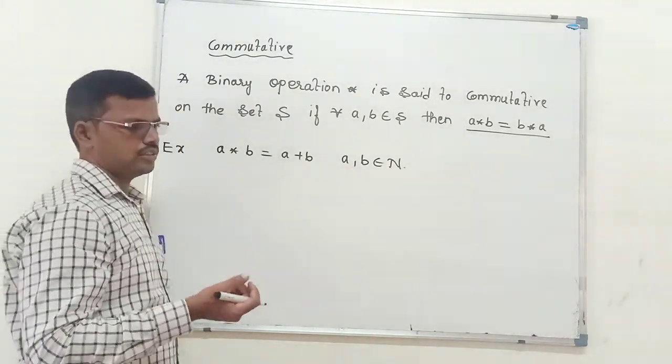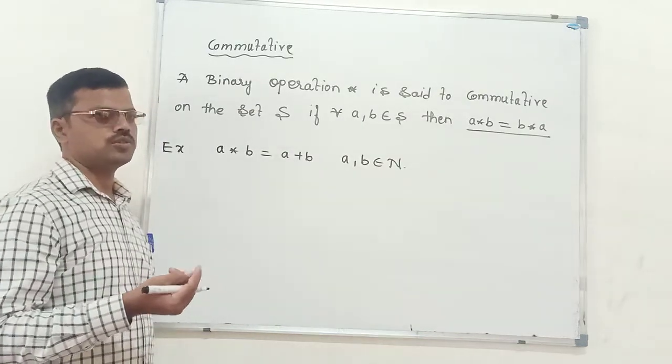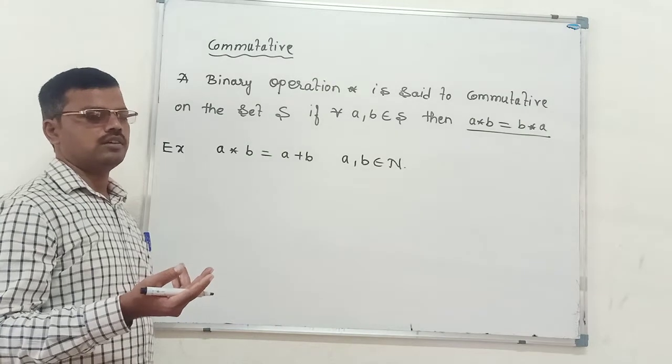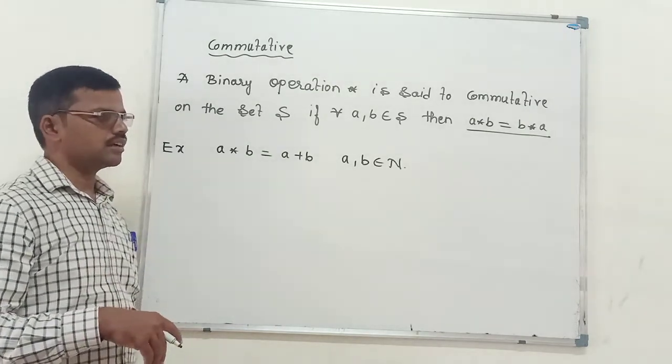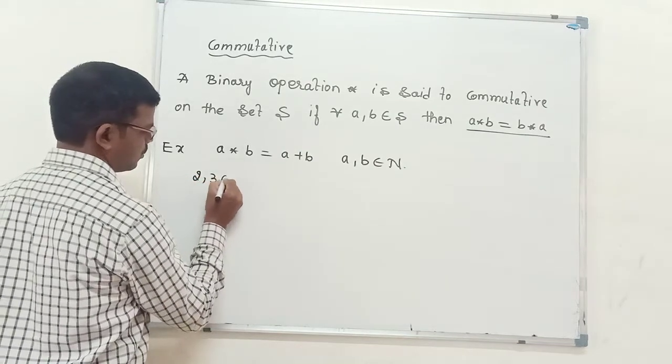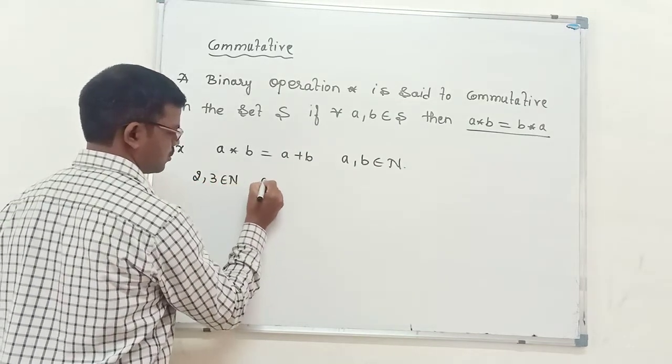We know that addition is always commutative. Why? Because 2 plus 3 is 5, 3 plus 2 is 5, both are equal, so it is commutative. Let me take 2, 3 belonging to the natural numbers.